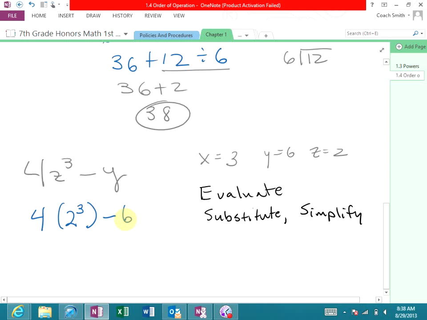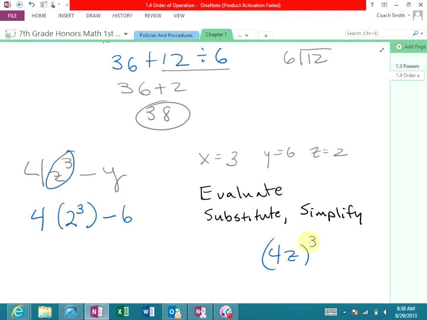Okay? Now, right here, the exponent of 3 only applies to the z. For it to apply to both of them, it would have to look like this. It would have to be 4z in parentheses and then a 3 exponent on the outside of the parentheses.